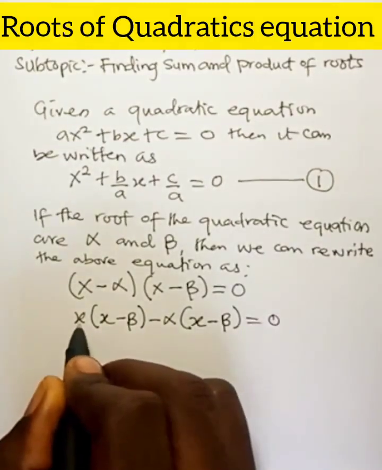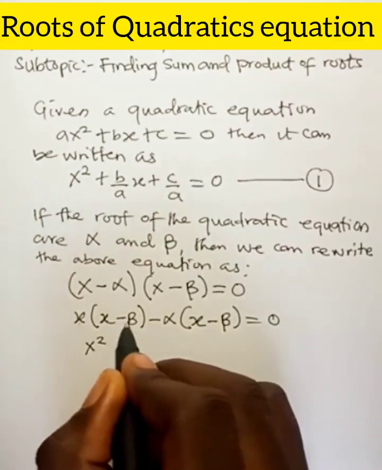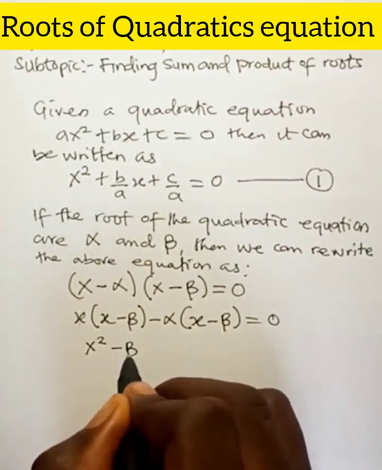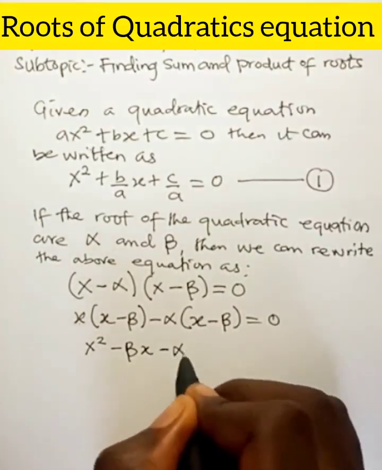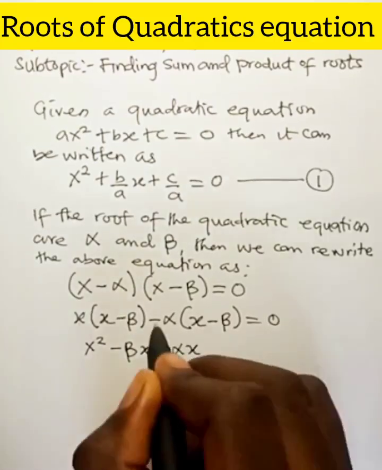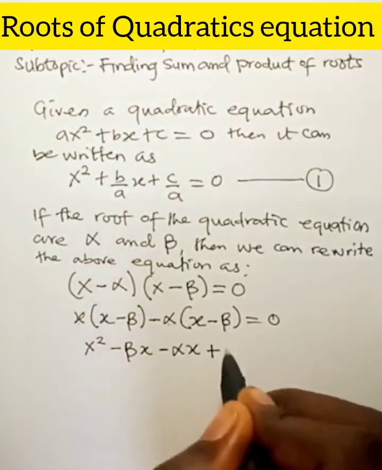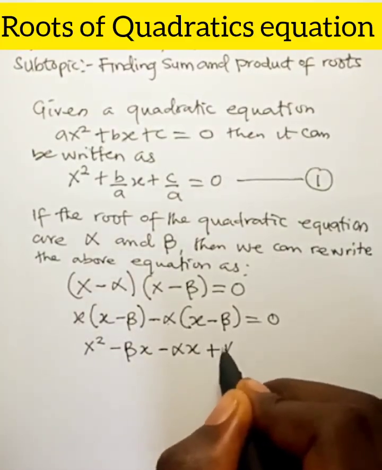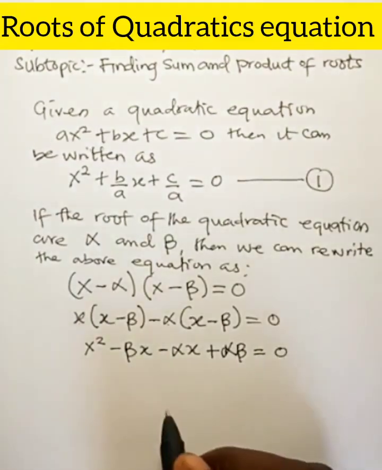So let's expand. x times x, I will have x². x times minus beta, I will have minus beta x. Minus alpha times x, I will have minus alpha x. Negative times negative, I will have positive. Alpha times beta, I will have alpha beta equal to 0.